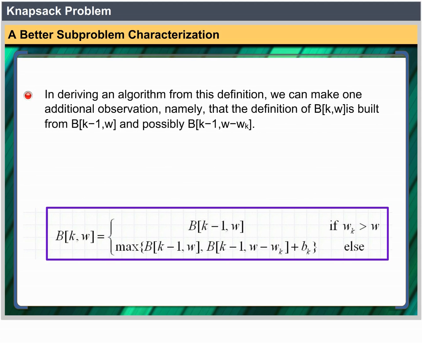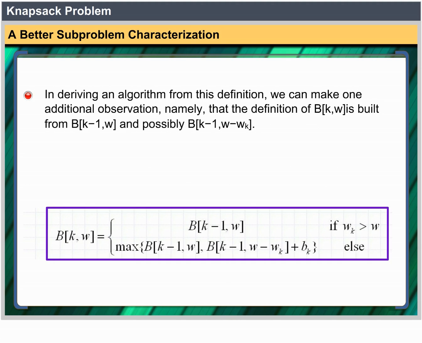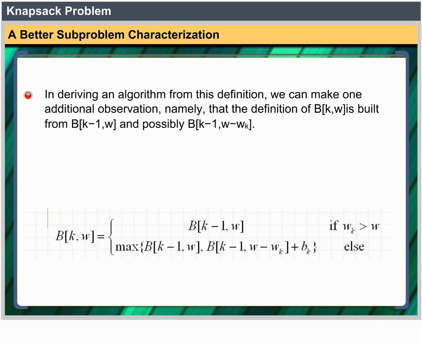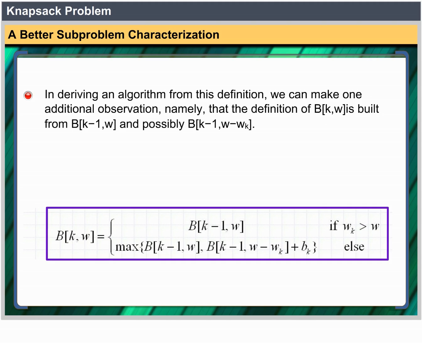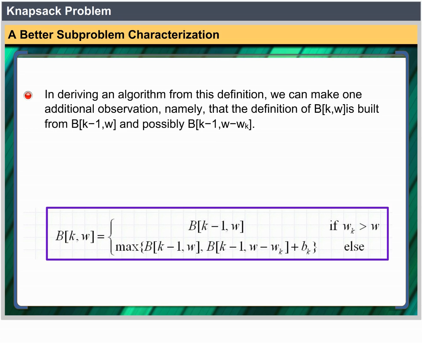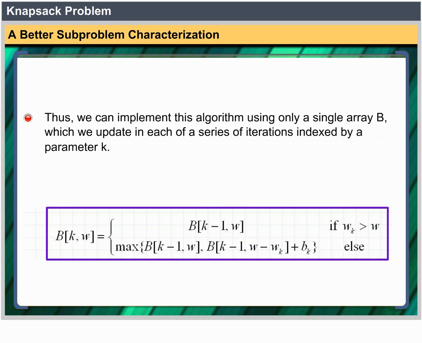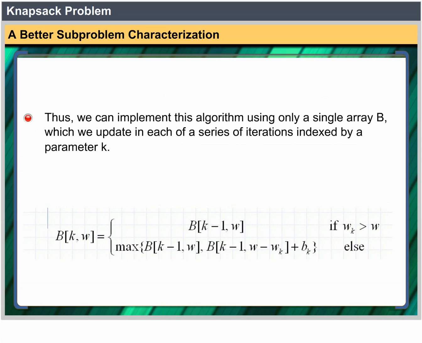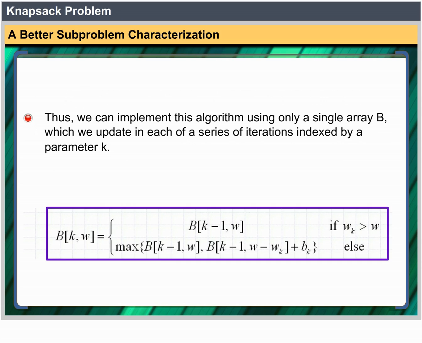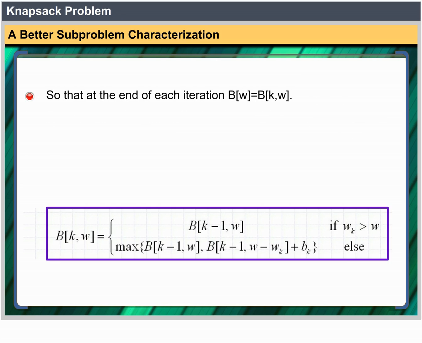In deriving an algorithm from this definition, we can make one additional observation, namely that the definition of B(k, w) is built from B(k-1, w) and possibly B(k-1, w-wk). Thus, we can implement this algorithm using only a single array B, which we update in each of a series of iterations indexed by a parameter k, so that at the end of each iteration, B(w) equals B(k, w).